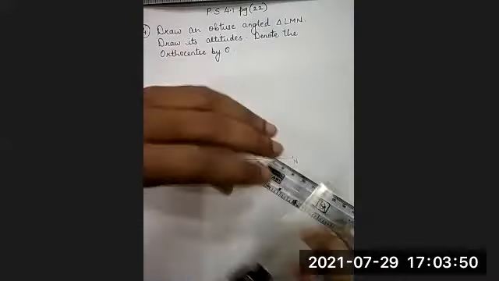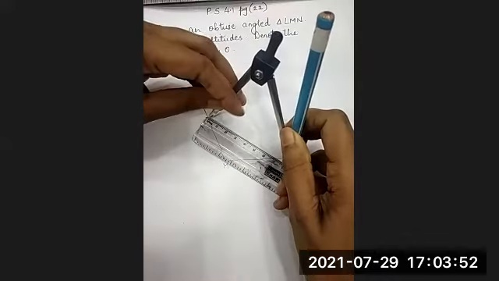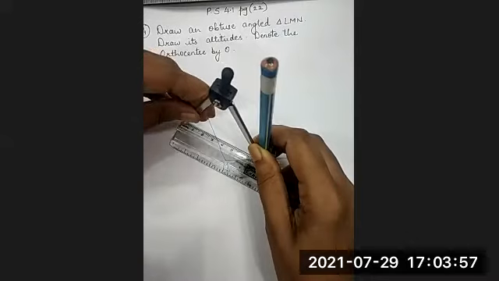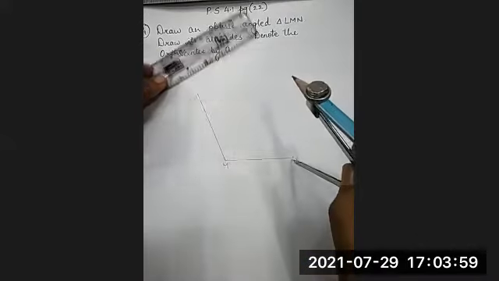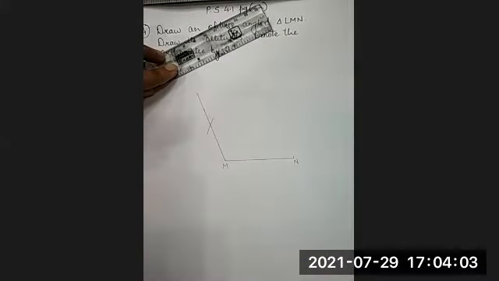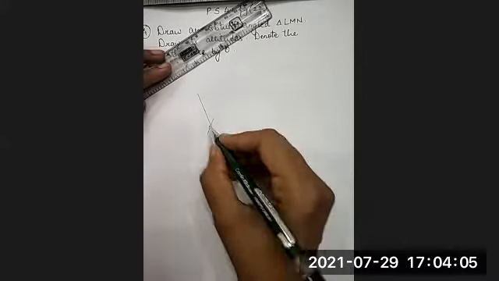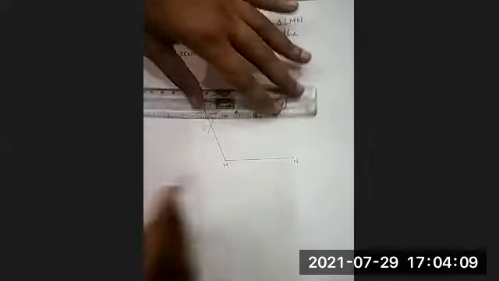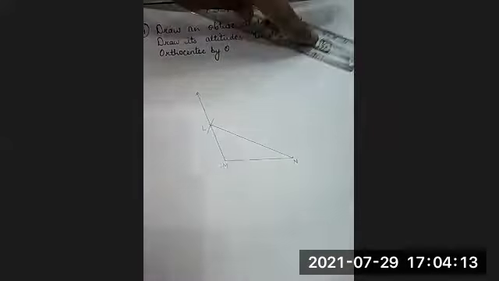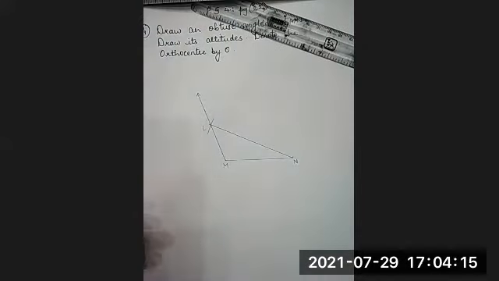Then in my compass, I will measure 8 centimeter. Keep it on point N. Make an arc. So this point of intersection is my L. And I will join L, N. So here is my obtuse angle triangle ready.